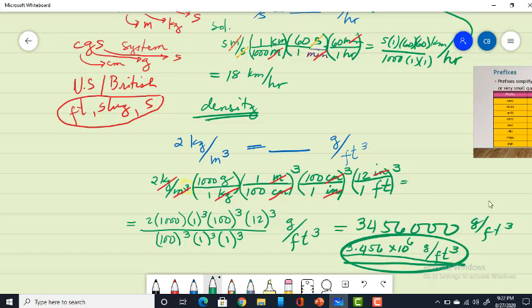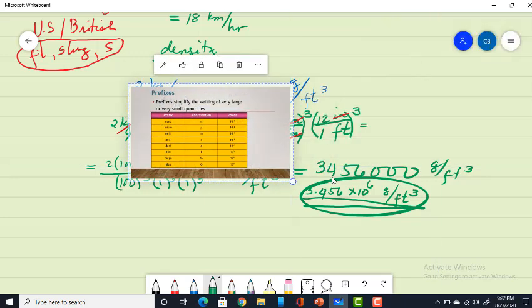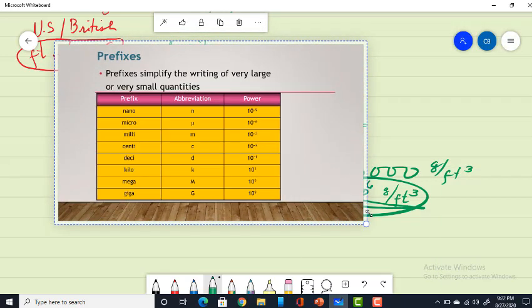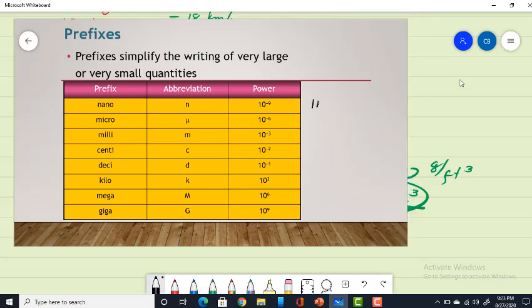So this scientific notation, this way of writing, is our next topic. Okay, let me zoom this in. Sample, we have the prefix nano, abbreviation N. So instead of writing how many zeros? 9 zeros. So in 1 nanometer, how many meters?